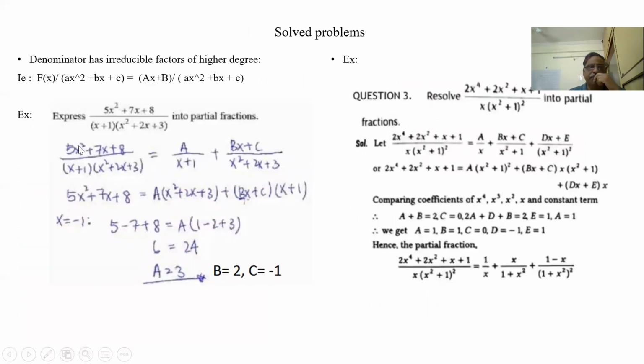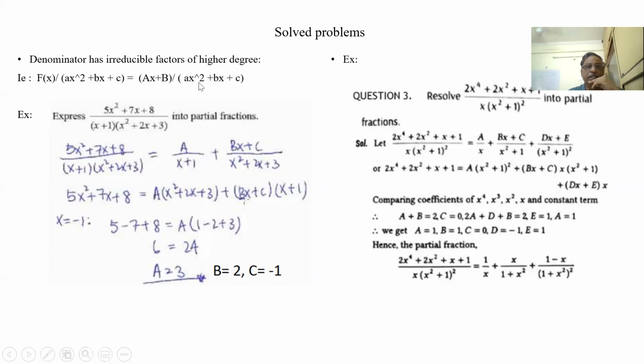Suppose this is the example. Here the top degree is x square, the bottom degree is x cube. In fact, I am supposed to divide with this. But this is a proper fraction. This is x square. This is x cubed. This is a proper fraction. Let us see this proper fraction also. This is also a proper fraction with ax square plus bx plus c, a different type of approach.